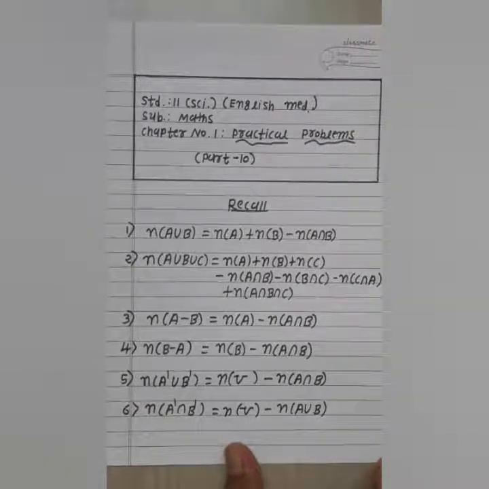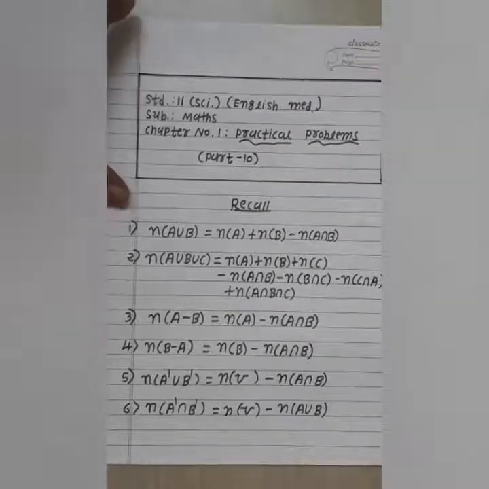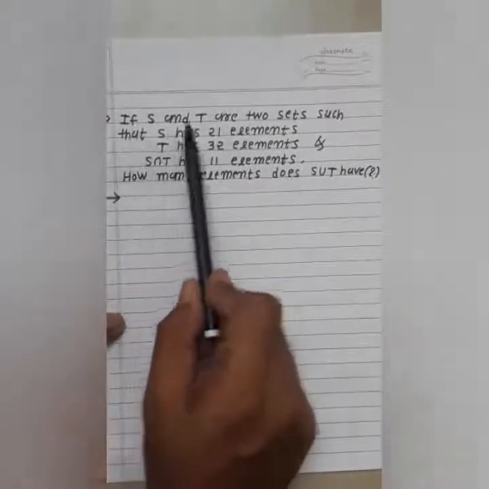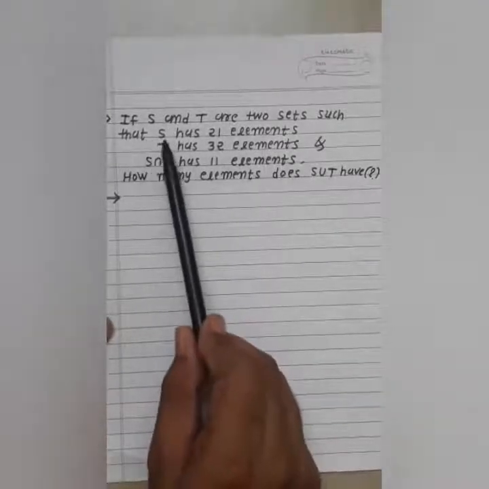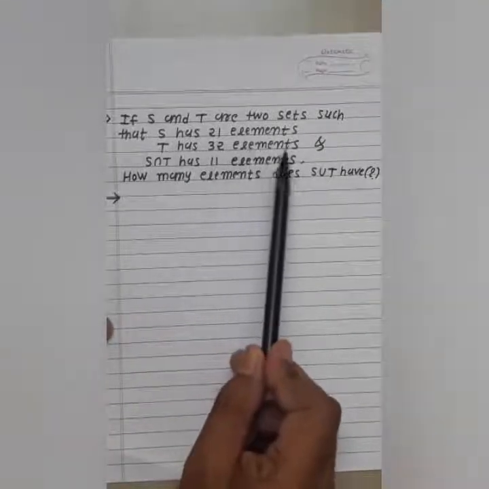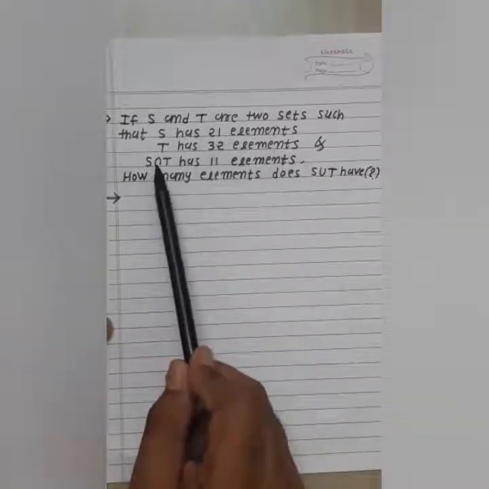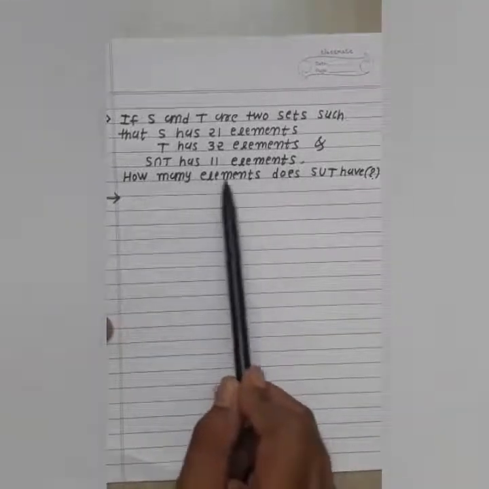Now, in exercise 1.6, let us discuss question number 4 related to these formulas. Here the question is asked: if S and T are two sets, set S has 21 elements, set T has 32 elements, and S intersection T has 11 elements, how many elements does S union T have?